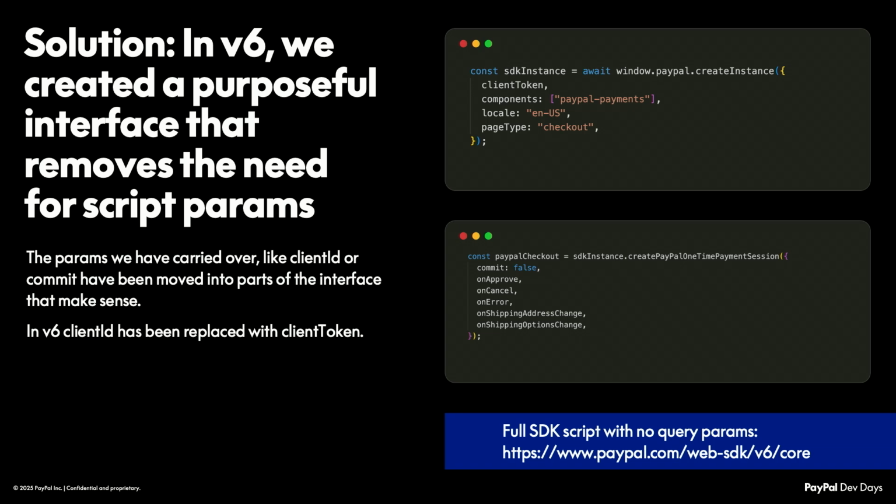You do have one additional flag that you can pass in, but that's it. Now we don't have the need for all these query string params, and this is what the V6 URL looks like at the bottom right. Everything has been simplified, everything is purposeful, everything is easier to integrate with, as well as if somebody has integrated this and you're going back to review this code, it's much easier to understand.